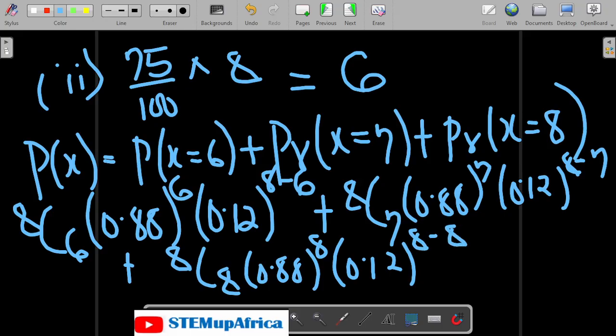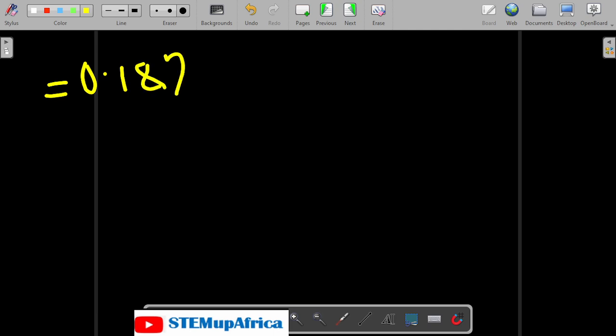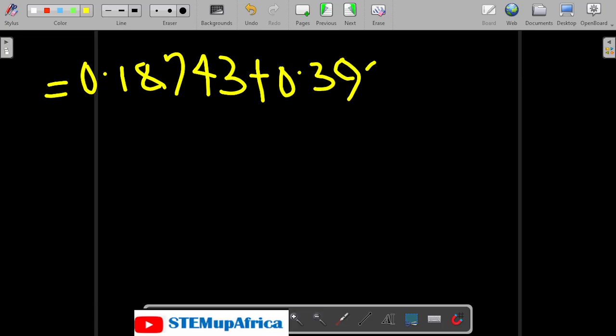If you simplify each of these, the way we did the first one, for 6 we have 0.18743. Then for 7, I'm going to have 0.392329.